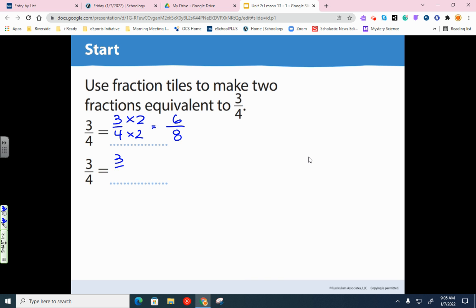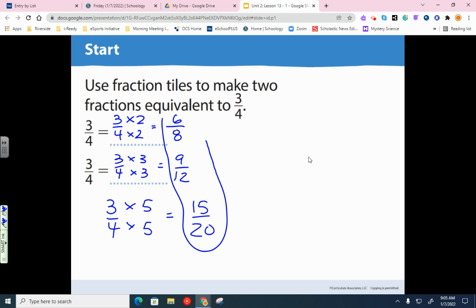And if you take this base fraction and let's go with 3, that will give me 9/12. And we could do it for anything. Let's try 5. This could give us 15/20. All of these fractions here are equivalent. They're equal. Their value is exactly the same.